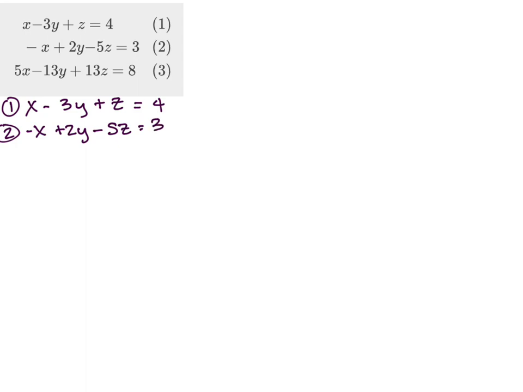And when we stack and add equations 1 and 2, what cancels? X. So what's left? Negative y minus 4z equals 7. Okay, negative y minus 4z equals 7. Call that equation 4.